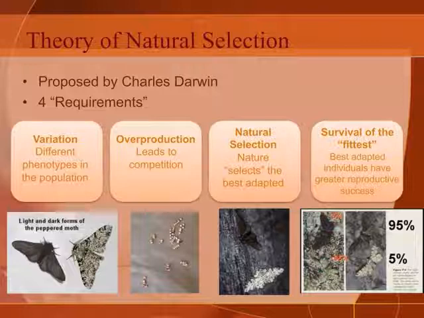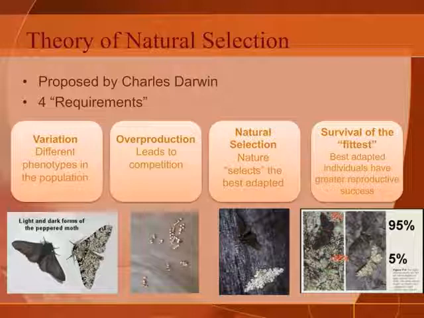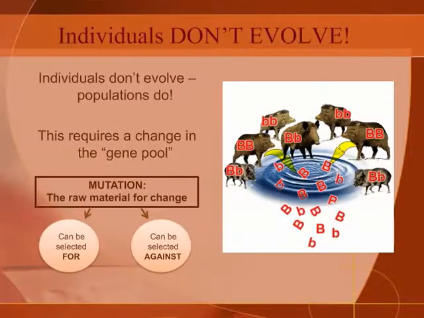Over time, the lighter colored moths were more easily seen by predators and were eaten more frequently by predators. The dark moths survived and reproduced, passing their dark-colored genes to their offspring, leading to a greater population of dark-colored moths over time.